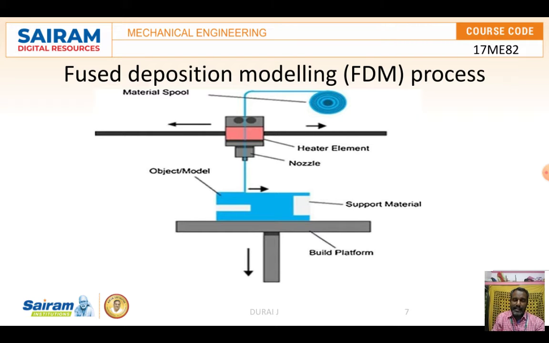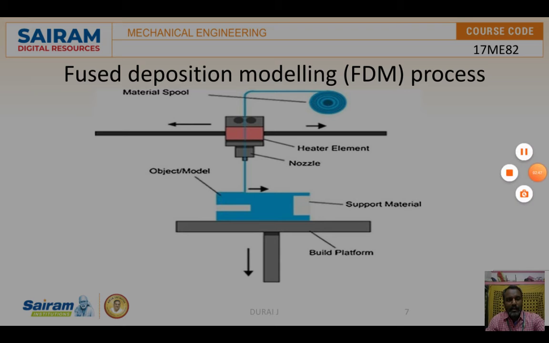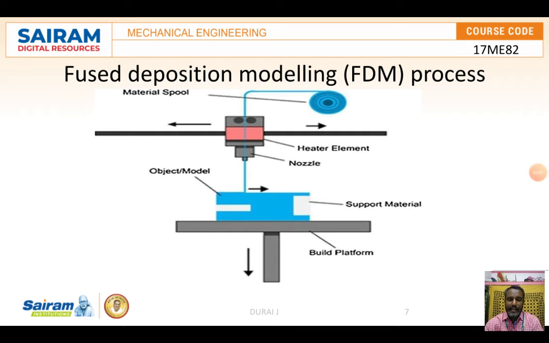In the second step of fused deposition modeling, the building takes place, which means building the component layer by layer. Here the nozzle, heated to melt the plastic filament, is mounted on the mechanical stage, and they also provide a heater element.